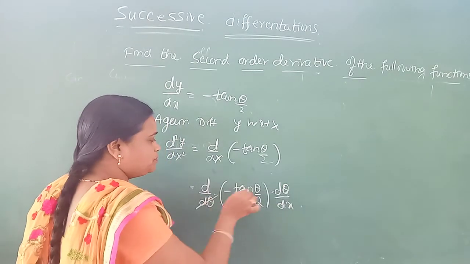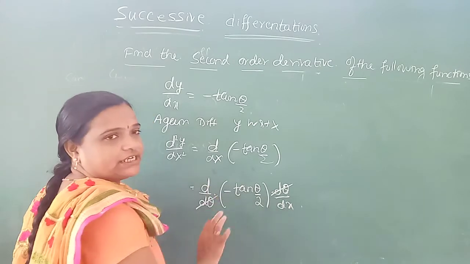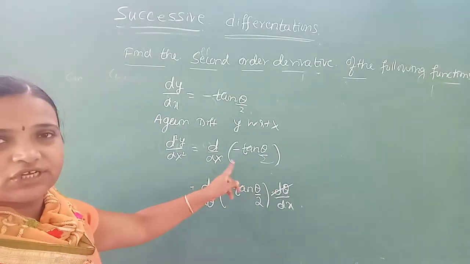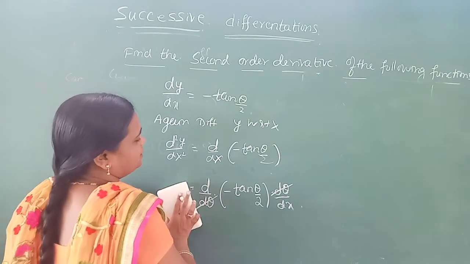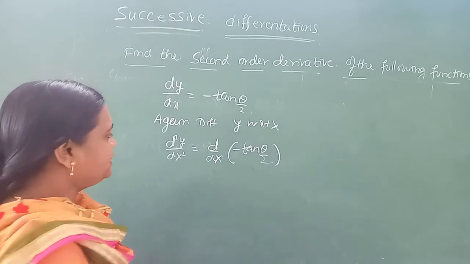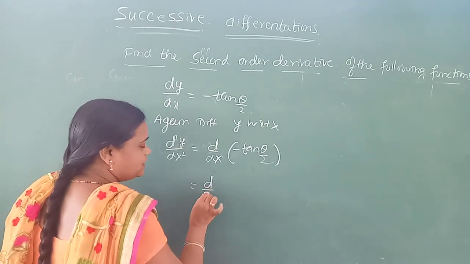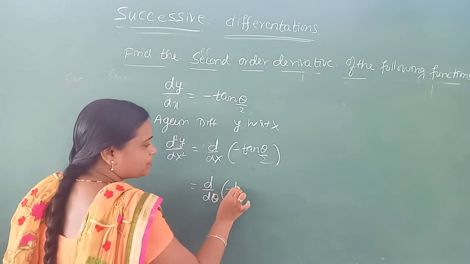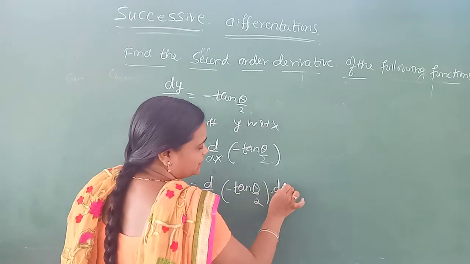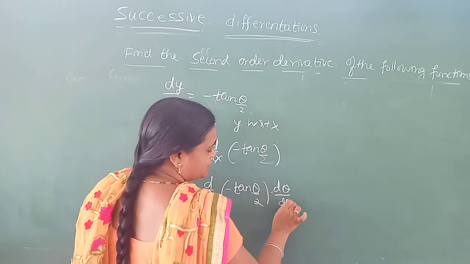Cancel these two, we get d by dx. Therefore, inside it is a function of theta, because of that we are adjusting, dividing and multiplying by d theta. We get d by d theta of minus tan theta by 2 into d theta by dx.